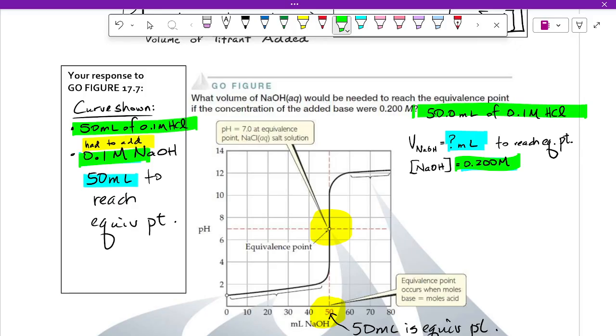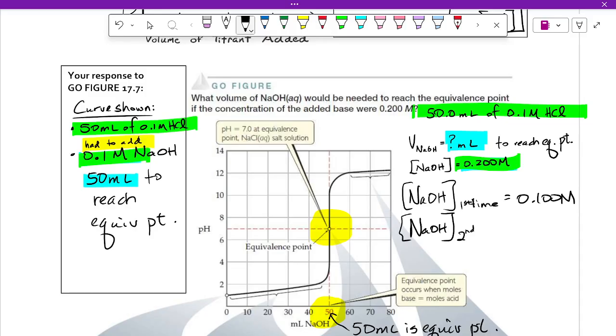So if I say what happened to the concentration, no, we're not adding more HCl.